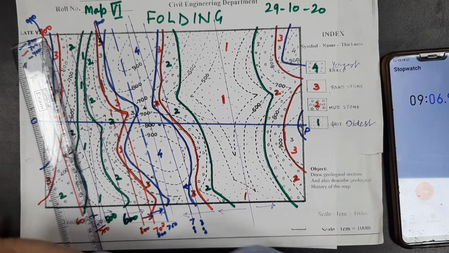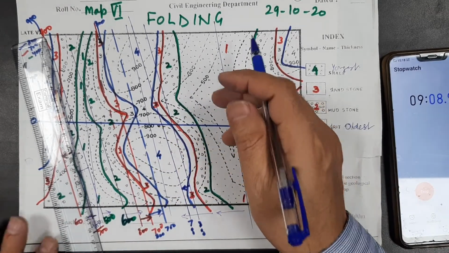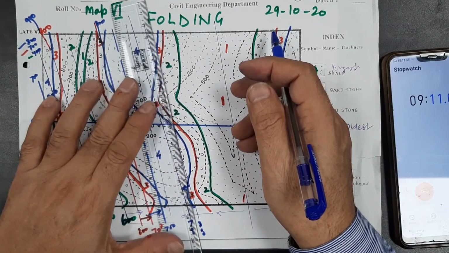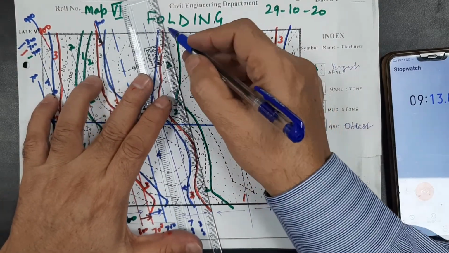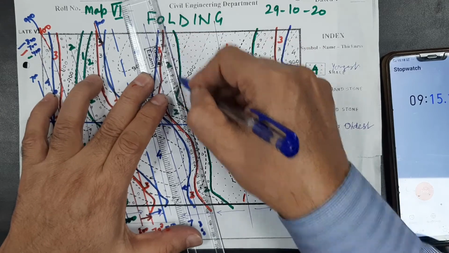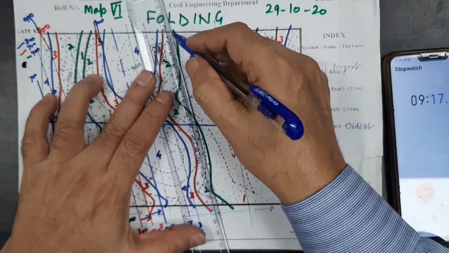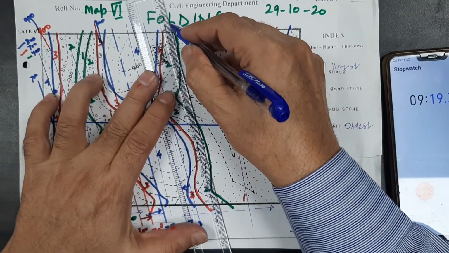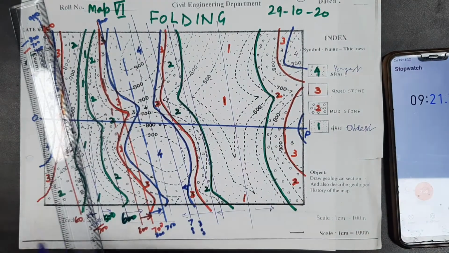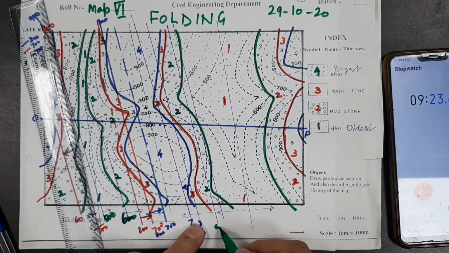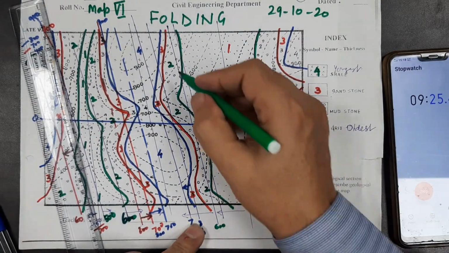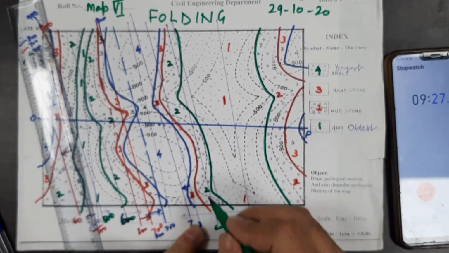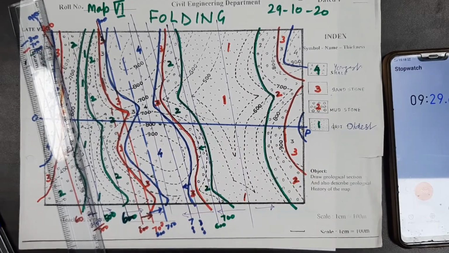If you draw strike lines on these contacts also, they will give you the same direction. For example, this is 600, and on the same contact you can have a strike line here. This is 600 and this one is 700. You can see the angle of dip is in this direction.